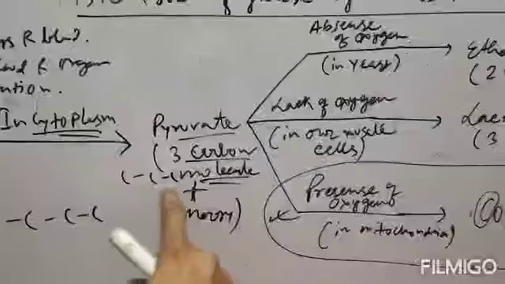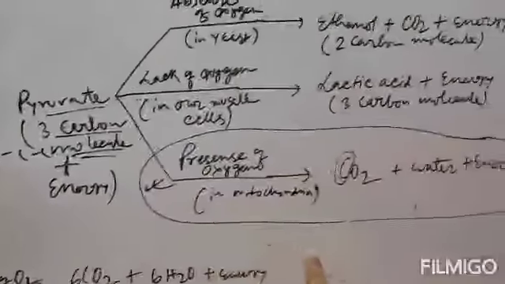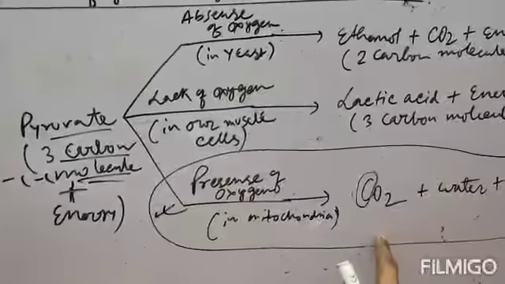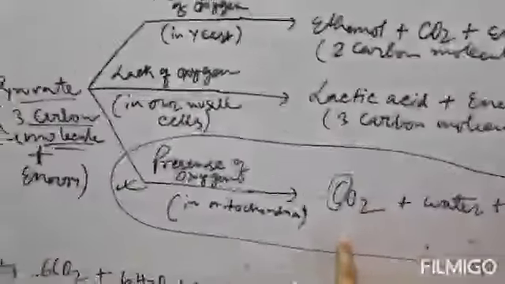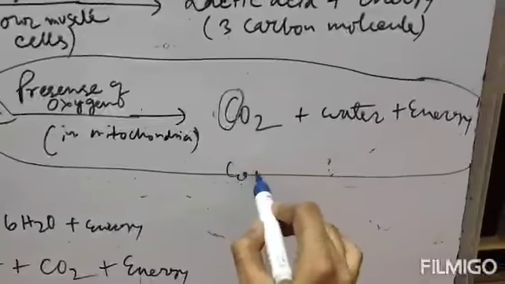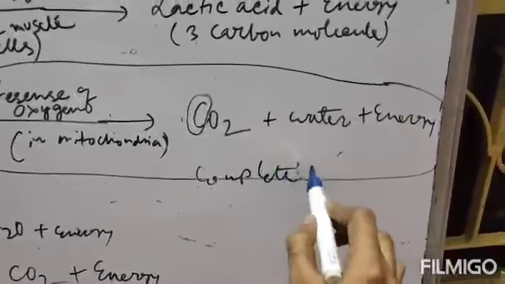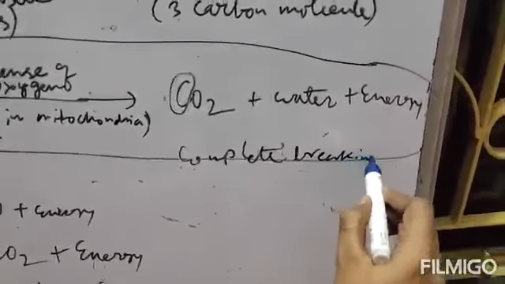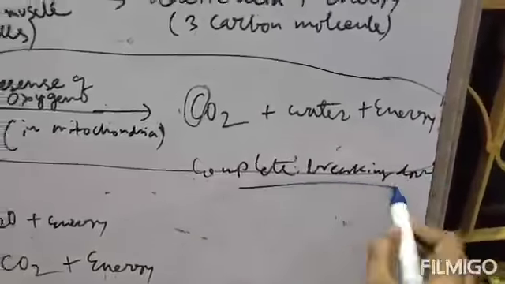Initially pyruvate was a 3 carbon molecule compound and it completely breaks down to 1 carbon molecule. Here complete breaking down of carbon molecule takes place.